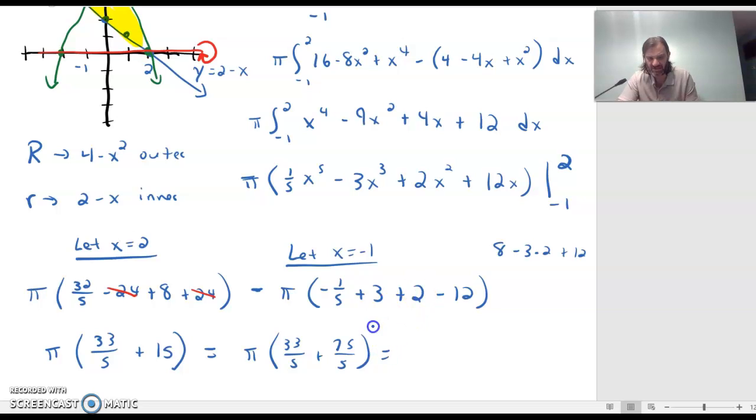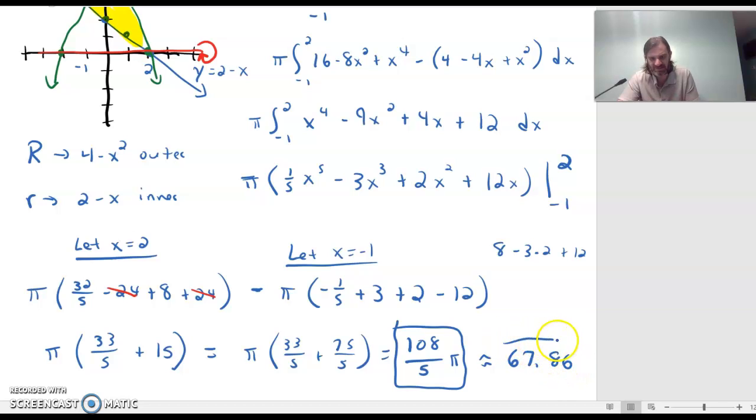So it looks like 108 fifths pi as an exact answer. And if I try that in the calculator to get an approximation, it looks like it's about 67.86. That seems interesting for the shape going around the x-axis, so it might be worth investigating a little bit more, but we'll see. I'll let you know if anything's wrong.